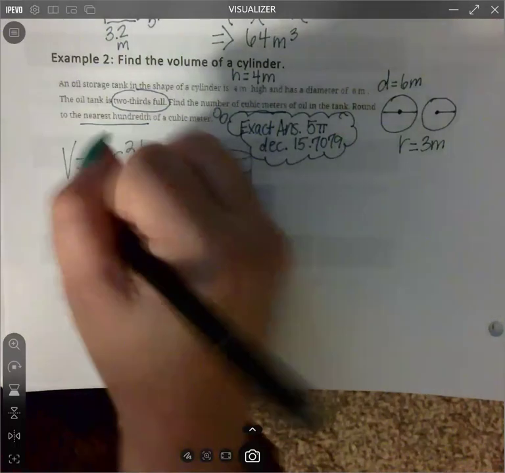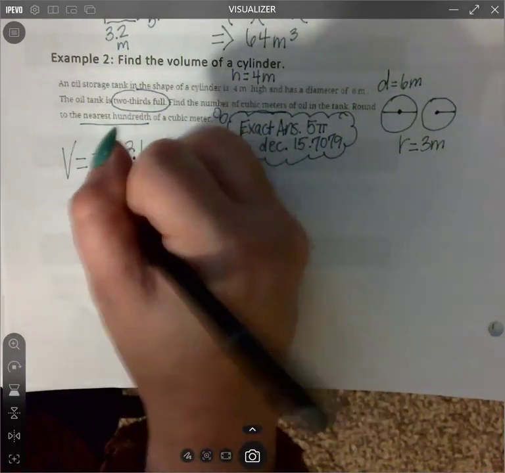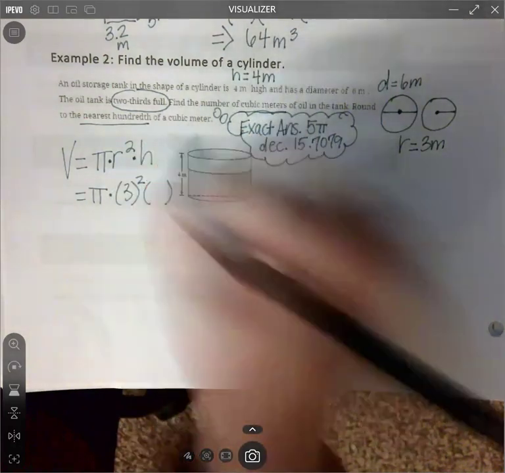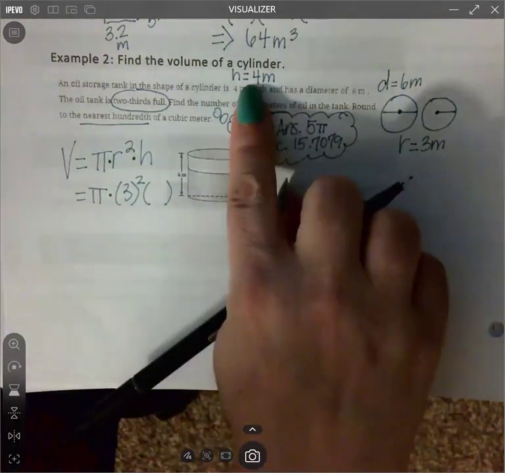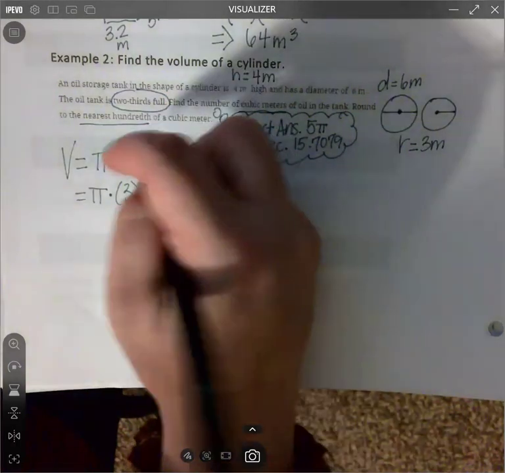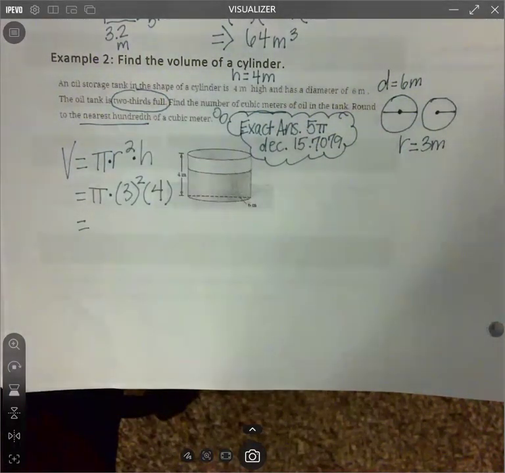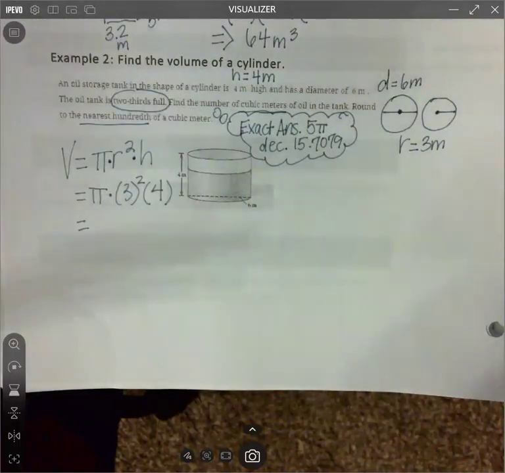So I'm going to say equals pi times 3 squared times the height. Well, h is 4. And then you're going to grab your calculator, find that pi button, multiply by 3 squared. 3 squared means 3 times 3, or 9, and then multiply by 4.